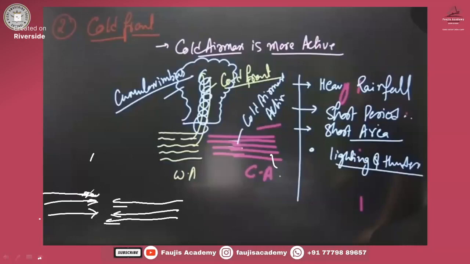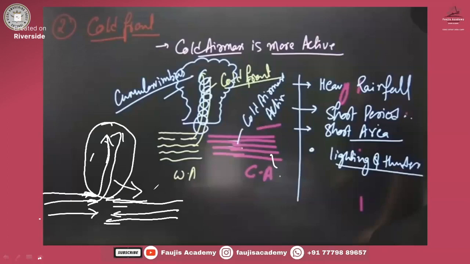There will be a steep type, so there will be sudden rising of this warm air mass. When it becomes a steep type, the cold air mass is active. So this front formation is known as the cold front.